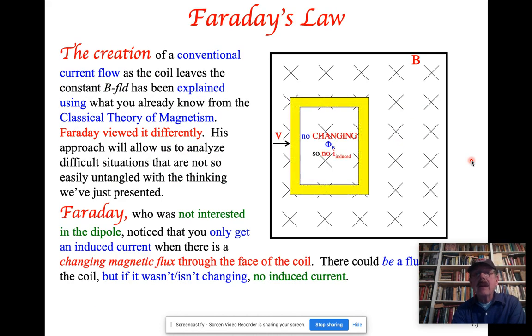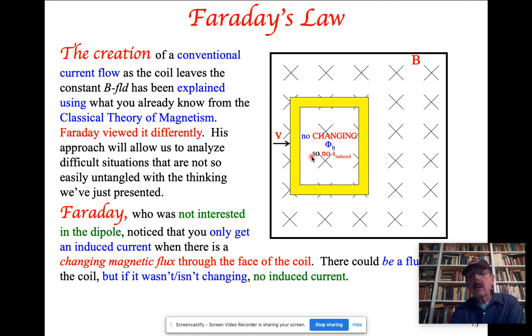What Faraday said was that you have a magnetic flux through the cross section, through the face of this coil. You have magnetic field lines that are passing through the face of the coil. That means you have a magnetic flux, and you can calculate the flux, B dotted into A. So it's a calculable value.